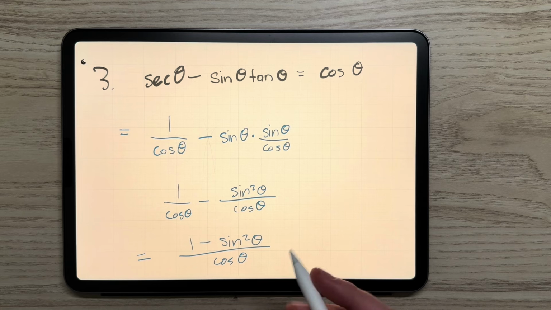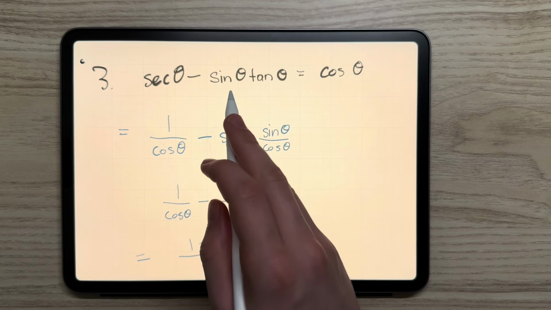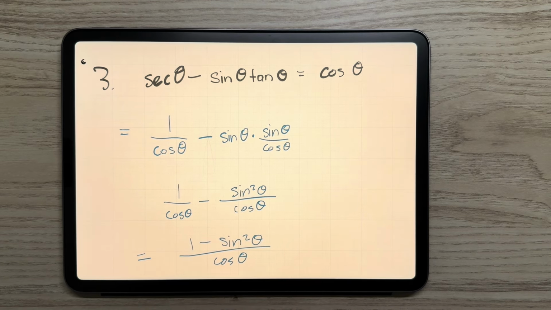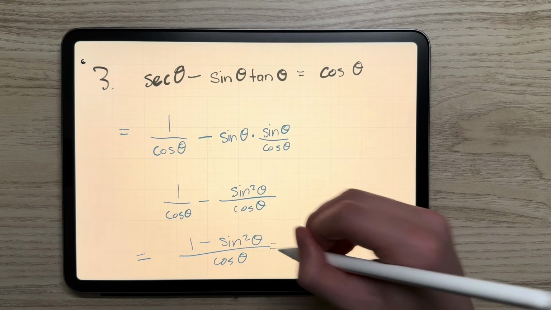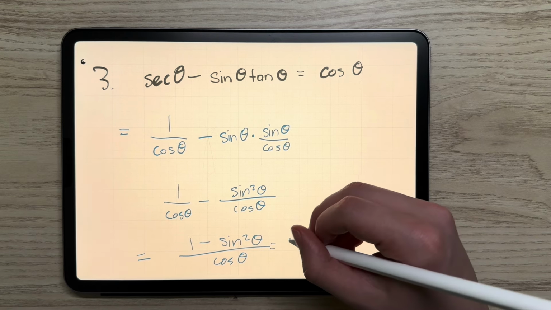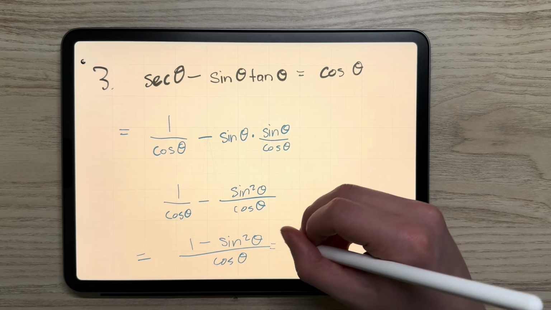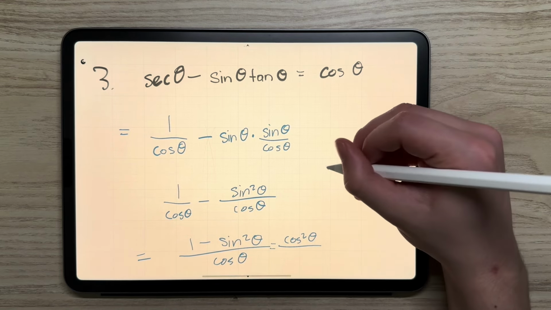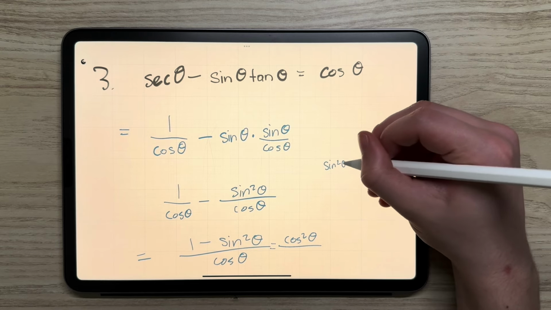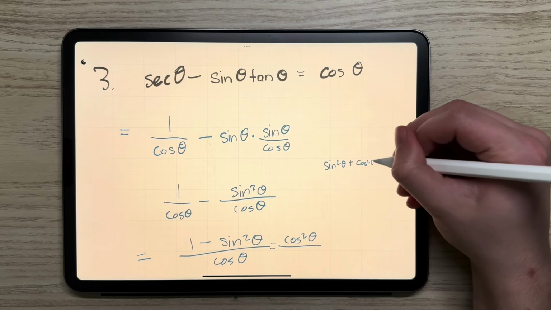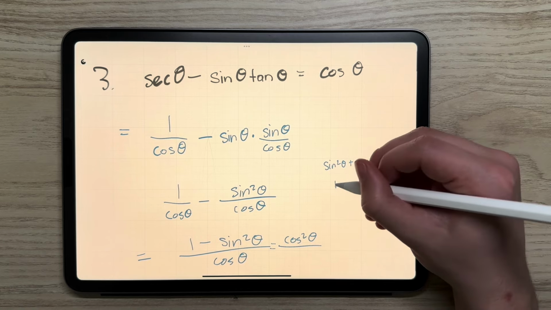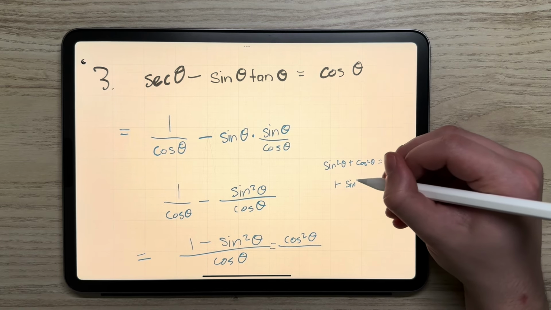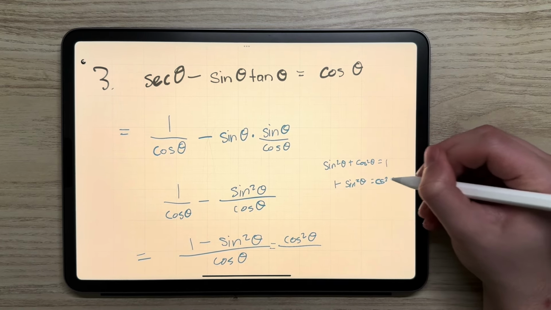And oh, look at that. We didn't start off with squares, but when we were combining, we did end up with a square. And we can use a Pythagorean identity to get that this is cosine squared theta. Because if sine squared theta plus cosine squared theta is equal to 1, subtract sine squared theta from both sides, and you get cosine squared theta.